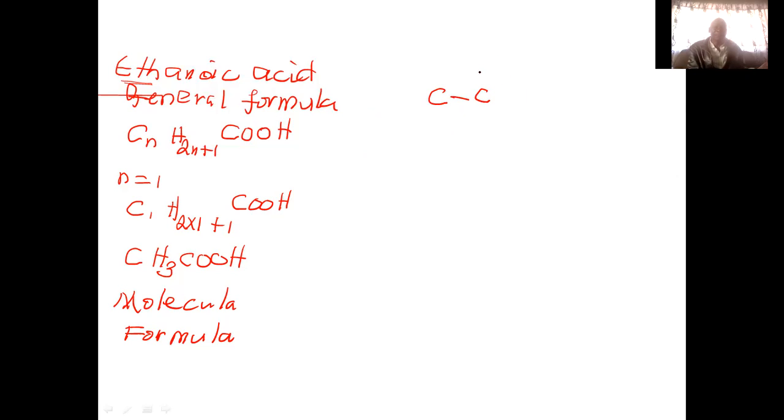And this is how we write the carboxylic group: you write the carbon with 2 bonds to oxygen, and then the hydroxyl group linked to the carbon.